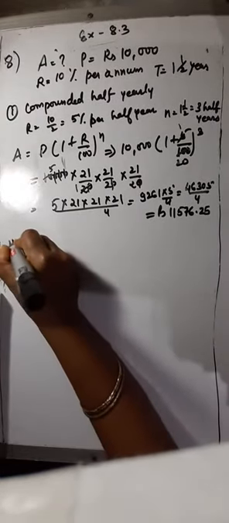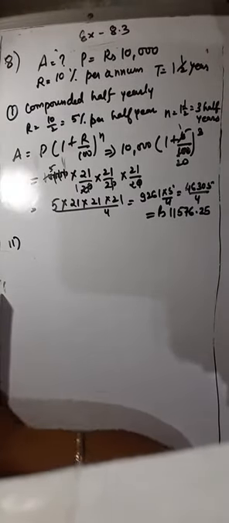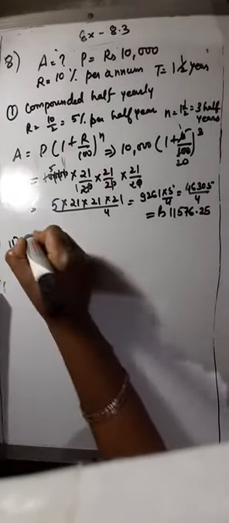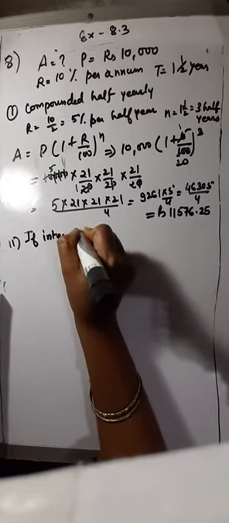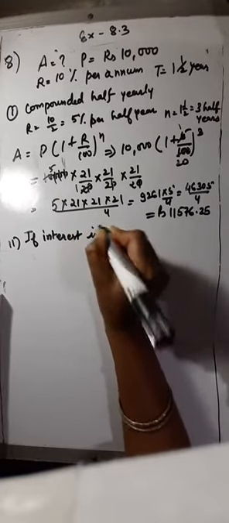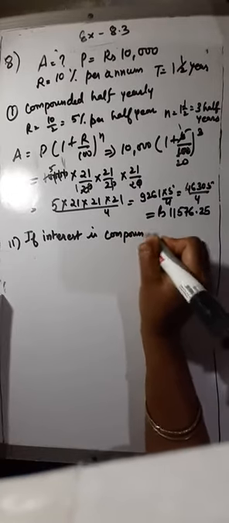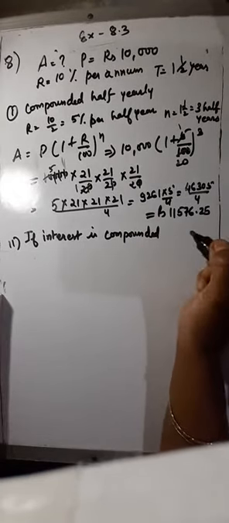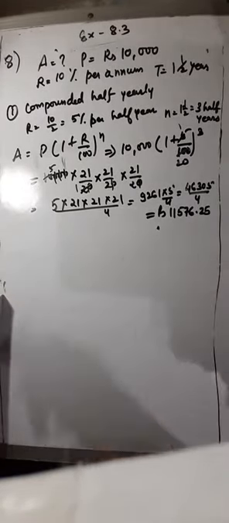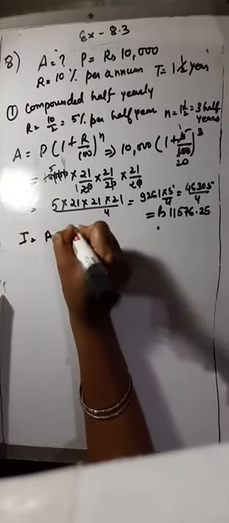In second part, if interest is compounded annually, first we find interest in first part, compounded half yearly. Interest is equal to amount minus principal.